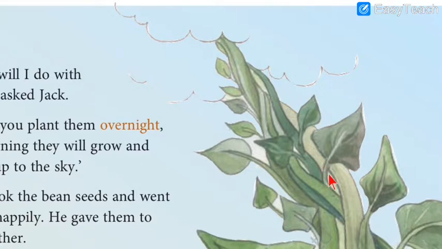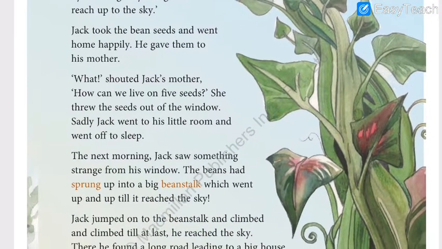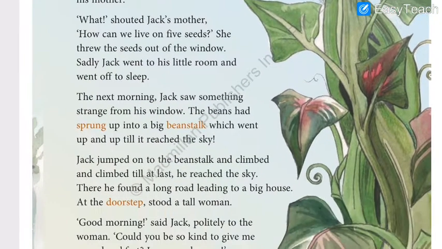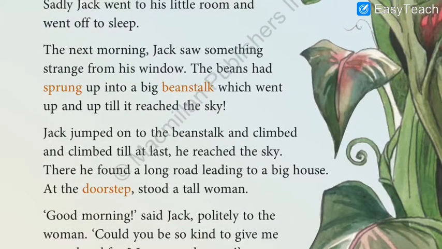So this is the beanstalk. Like the old man promised Jack that this tree will grow till the sky. So Jack agreed and he got the bean seeds. Now in the morning when Jack woke up, overnight, that is within one night, the tree grew so long that it reached the sky, and it even penetrated the walls of the clouds.